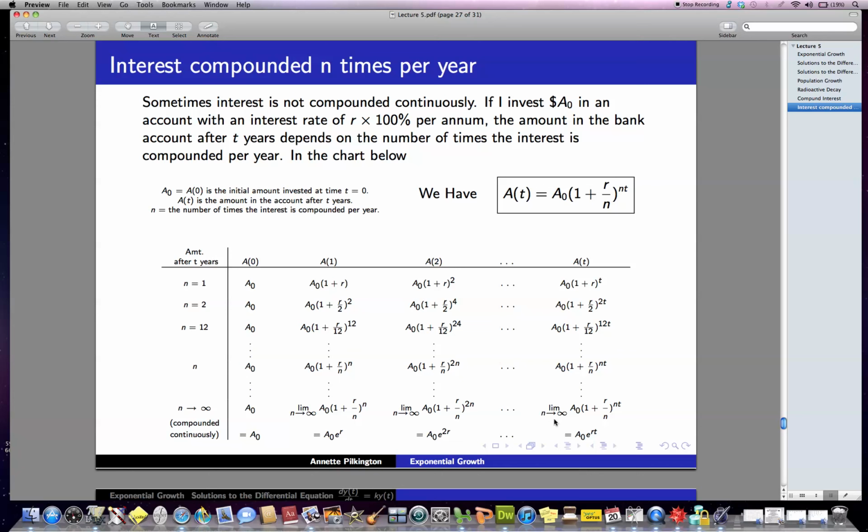If interest is compounded continuously, the amount in the account after t years is the limit as n goes to infinity, the number of calculations per annum goes to infinity, of A0, the initial amount, times 1 plus r over n to the power of nt, where t is the number of years and r is the rate of interest. And so, of course, that limit, according to our exploration of those limits, is A0 times e to the rt. So we get the same formula if we approach continuously compounded interest from this limiting point of view.